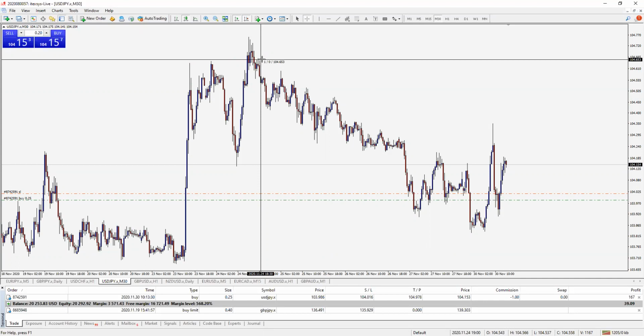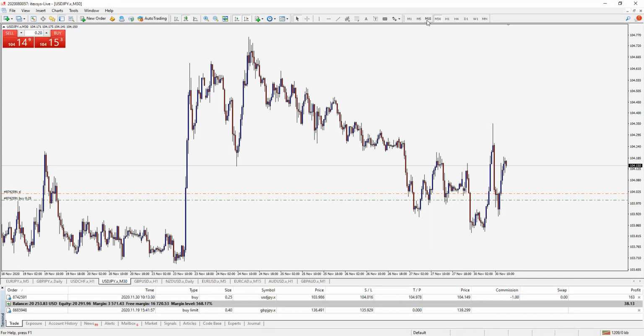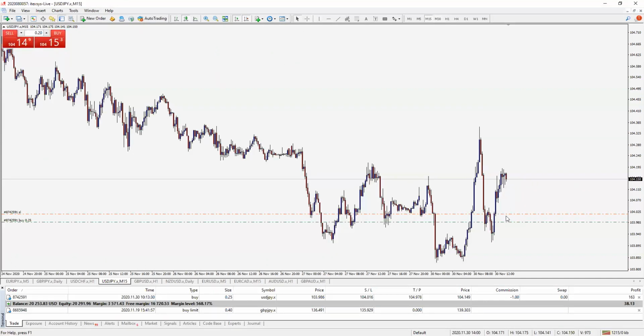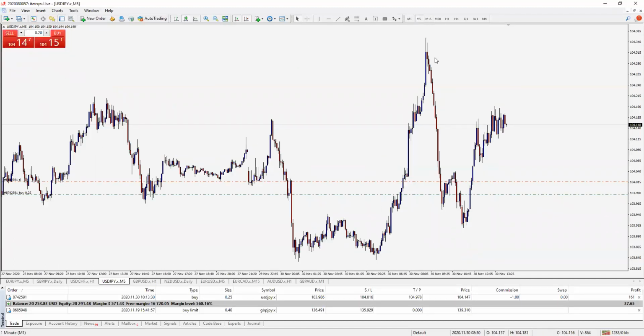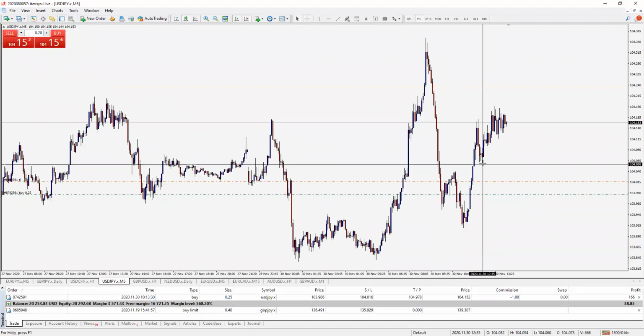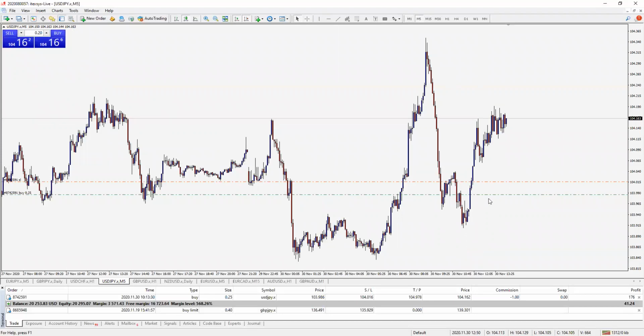So I have this position. I already closed a bit less than half of this position. As you can see, the stop loss is above the entry level. On the 5-minute chart, the stop loss is below this level, about a few pips below this level, which is good enough for me. I already took some profit from this position.